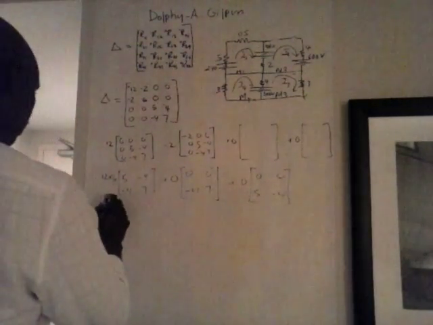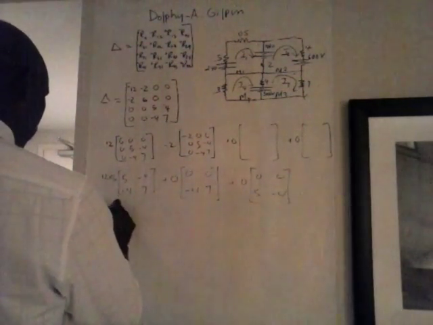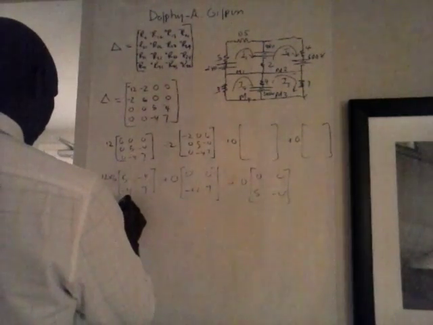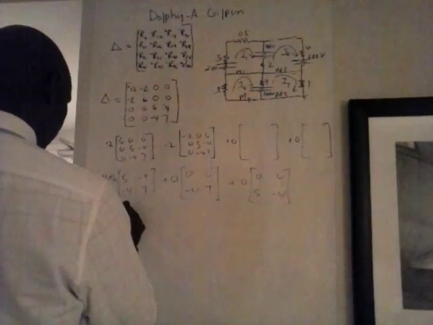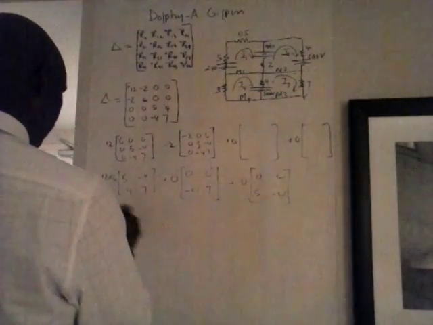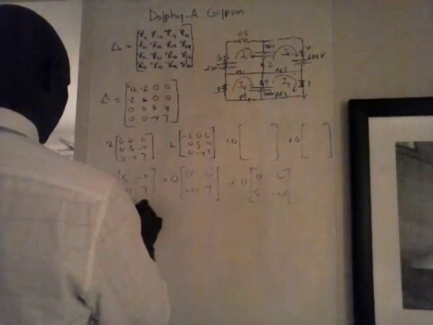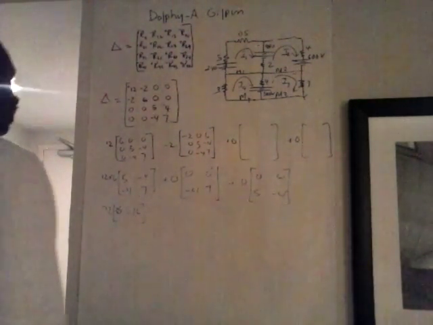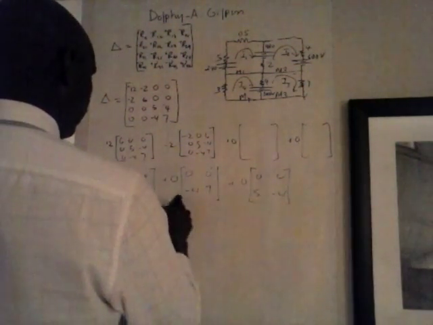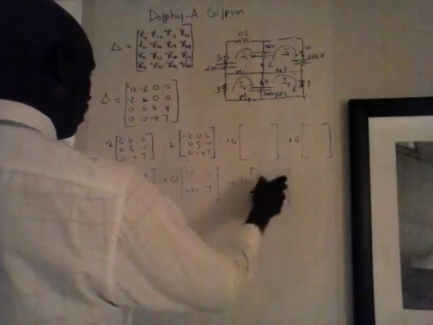So let's just make it now 72 into 35 minus 16, and these will come out to be 0.